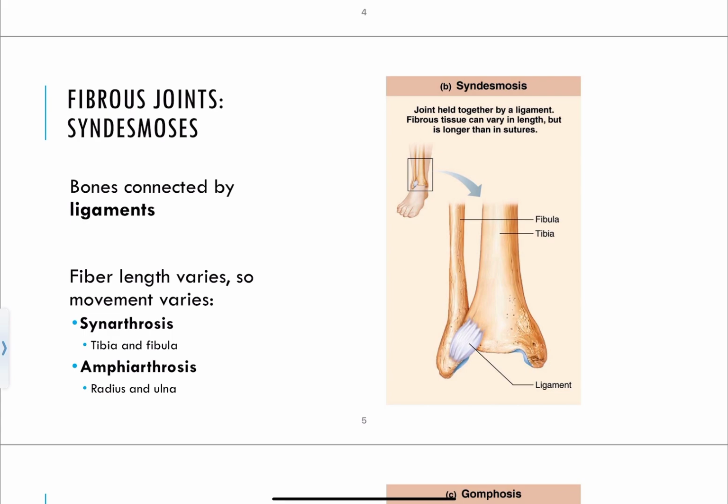So if we're talking about the fiber or the ligament that's connecting our tibia and our fibula, this is going to be a much shorter fiber. So it's going to be a synarthrotic type of joint, so immovable type of joint. If we're talking about the ligament that's connecting our radius and our ulna, that's going to be a little bit longer of a fiber, so it is going to allow for some movement, and therefore it's going to be an amphiarthrotic type of joint.